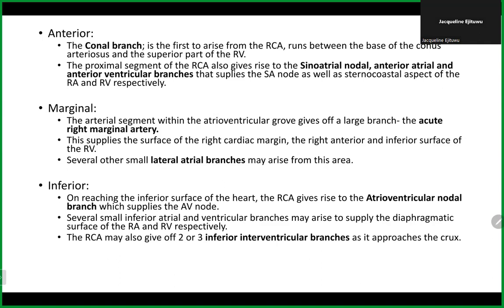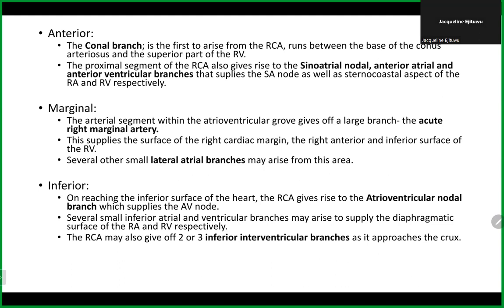It gives rise to the atrioventricular nodal branch. And then we have several small inferior atrial and ventricular branches that may also arise at the inferior surface of both the right atrium and the right ventricle. So it may also give off the inferior interventricular branch at the crux of the heart, which is the terminal branch usually at the inferior surface.